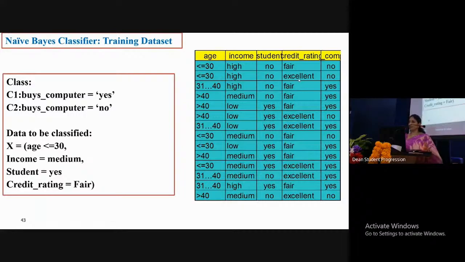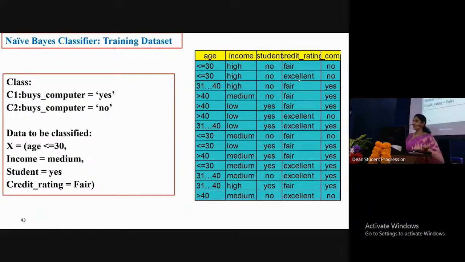If you look at the age column, the first one I have no, the second one also no. Then third, fourth, fifth, sixth, seventh, eighth, I have no. The ninth one I have one yes. Then 10, 11, 12, 13. The 11th one again I have yes.